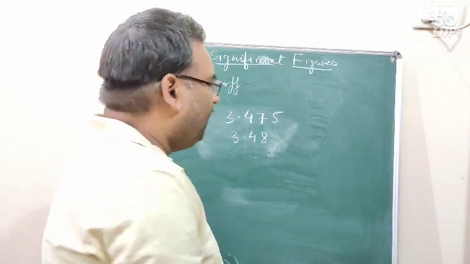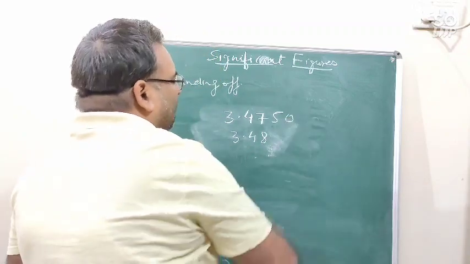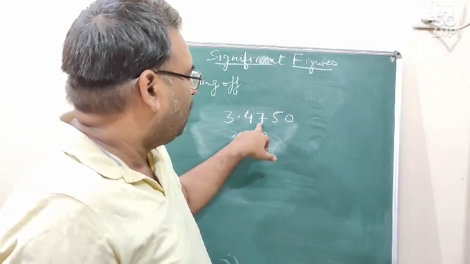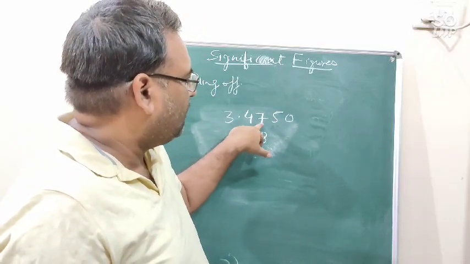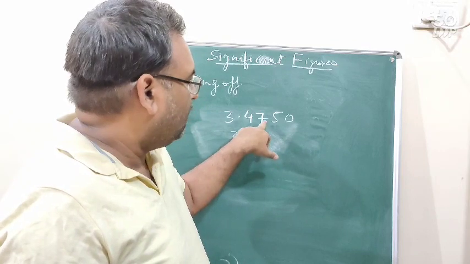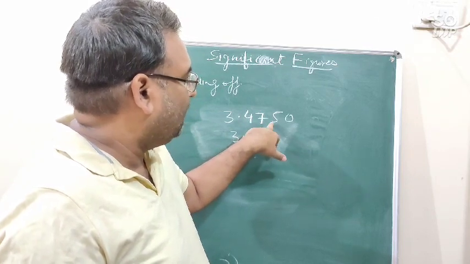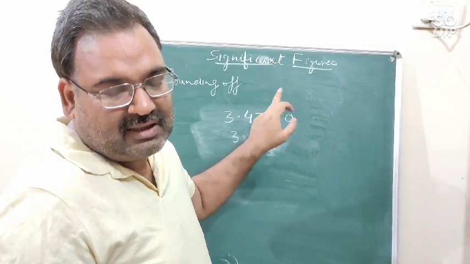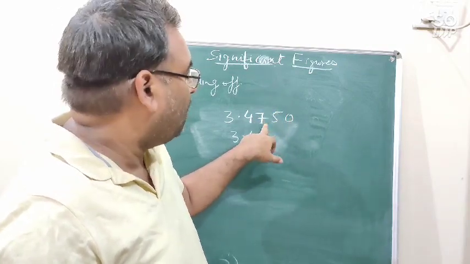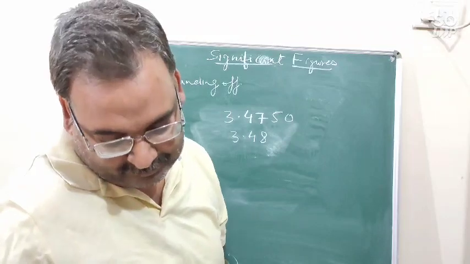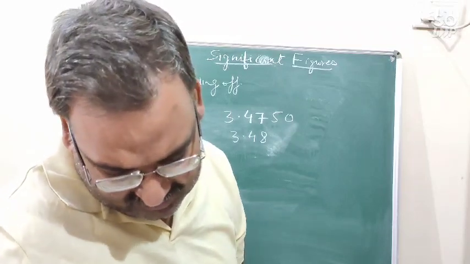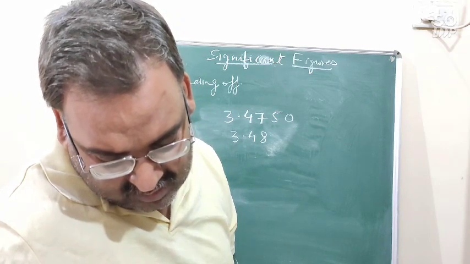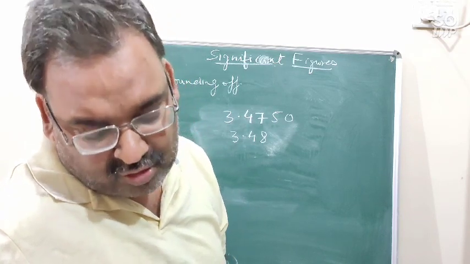Or even if there is a 0 at the end, 3.4750, then also when we are rounding off to three significant figures, if the digit preceding the 5 is odd, then we will add 1 to it. And if it is even, then we will make no change.